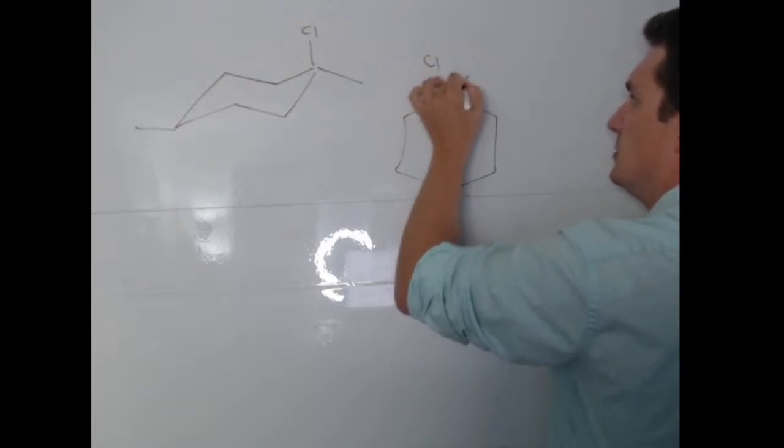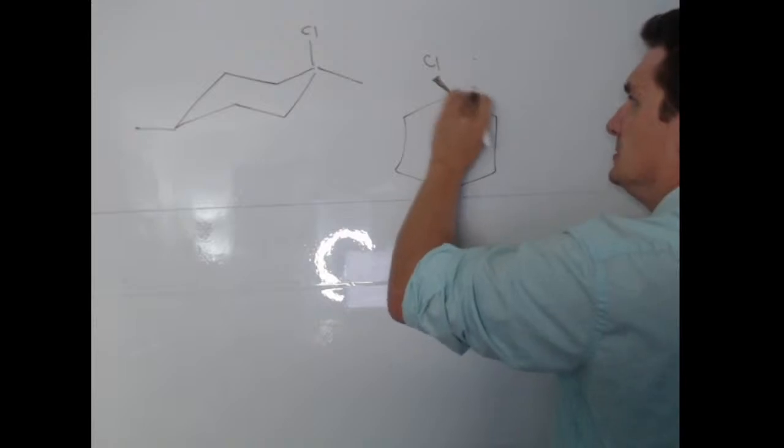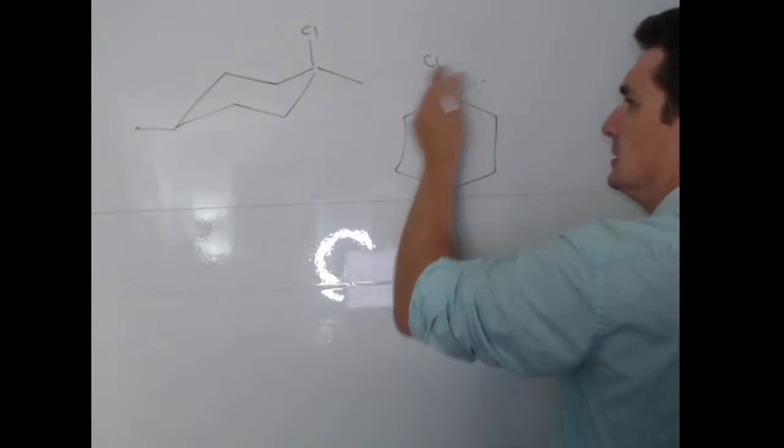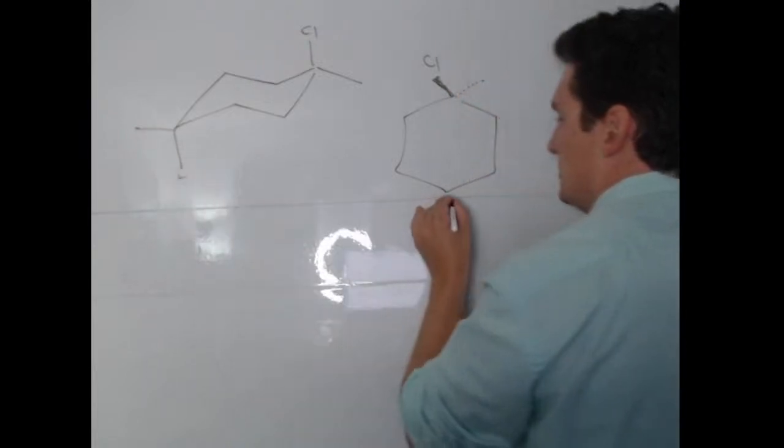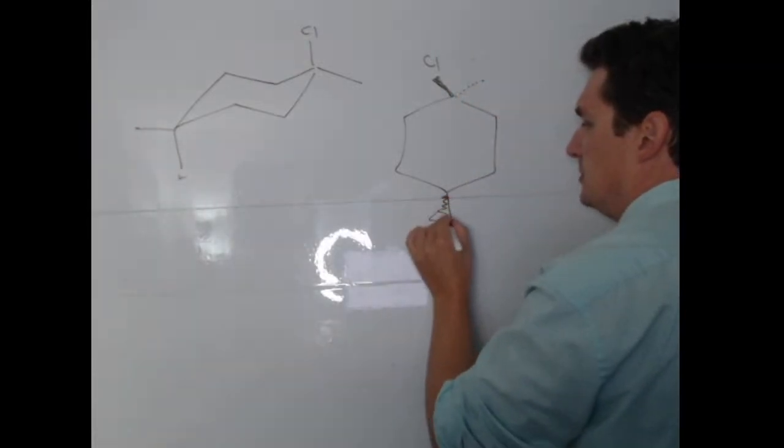So as you're I've got the chlorine up, the methyl group down. And on this side, there's an axial pointed down. So the chlorine and the other methyl group are cis to one another.